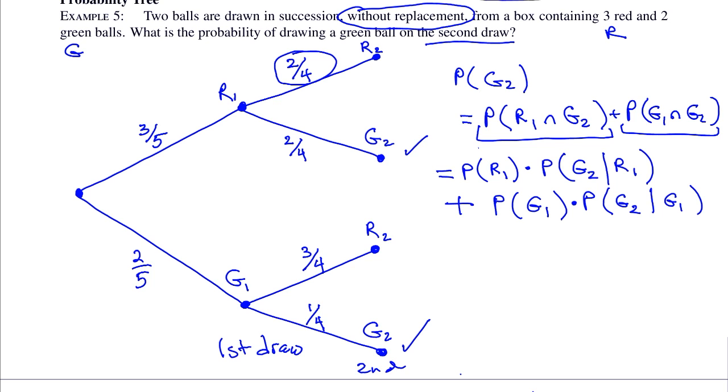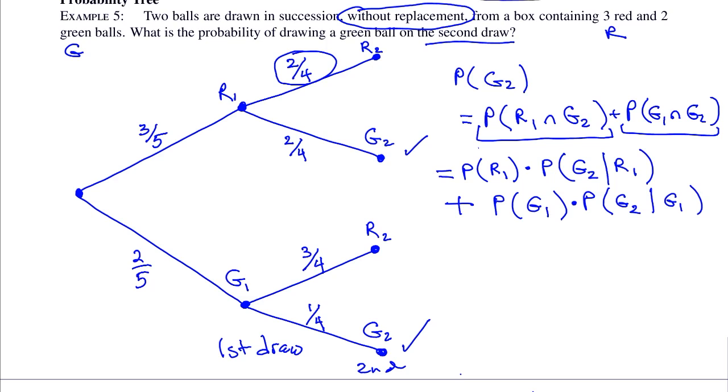Does everyone see where all this is coming from? You don't see it? Okay. You have to go back to the previous page. First, let me ask this. Do you understand why I split up the probability of G2 into these 2 parts? What are the 2 ways of getting to G2, to a green ball in the second?